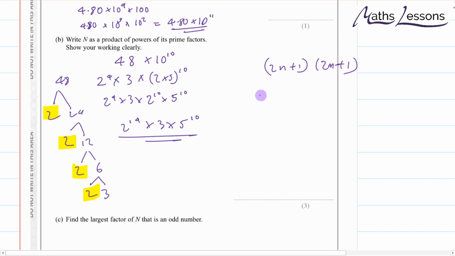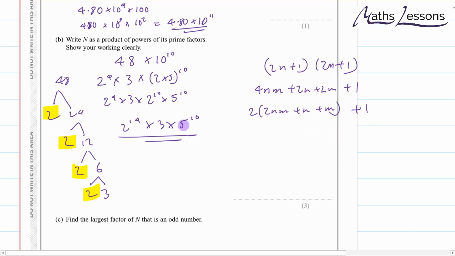If I do 2n plus 1 times 2m plus 1, I get 4nm plus 2n plus 2m, and 1 times 1 is plus 1. And what I can see is I can take out a factor of 2 of this bit. So now that's even, because I've got 2 times something. Plus 1 means it has to be odd. So an odd number times an odd number must be an odd number.